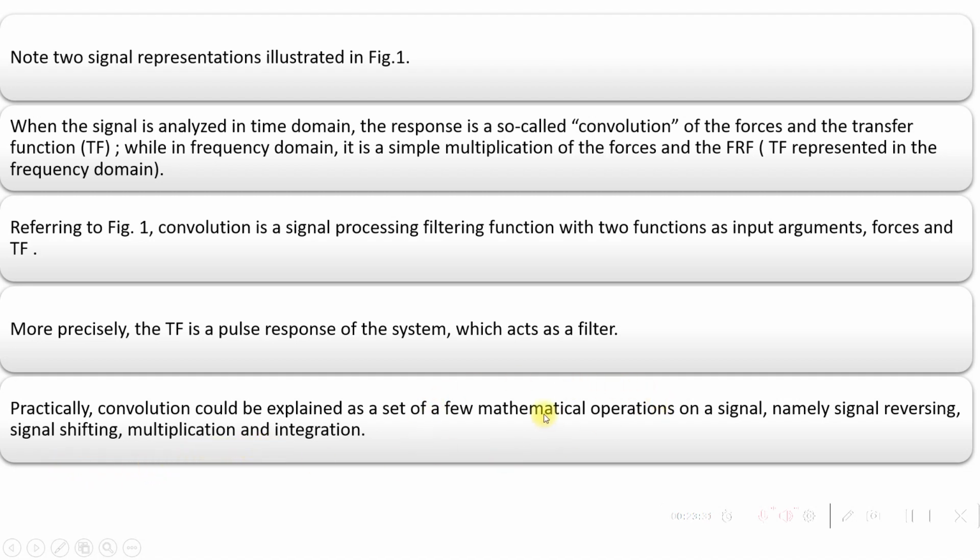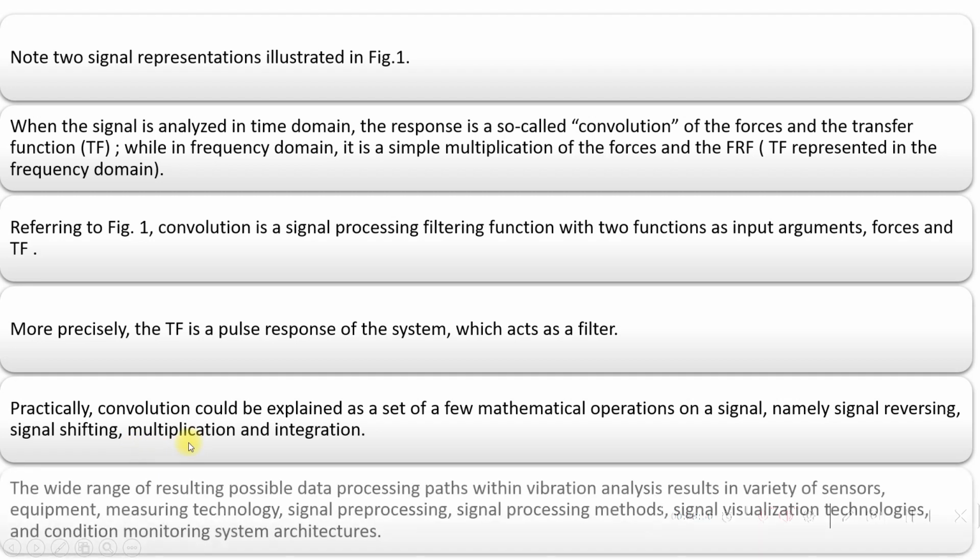Okay, what is a convolution? Convolution is nothing but a few mathematical operations on a signal, namely signal reversing, signal shifting, multiplication, and integration. The wide range of resulting possible data processing paths within the vibration analysis results in a variety of sensors, equipment, measuring technology, signal processing methods.